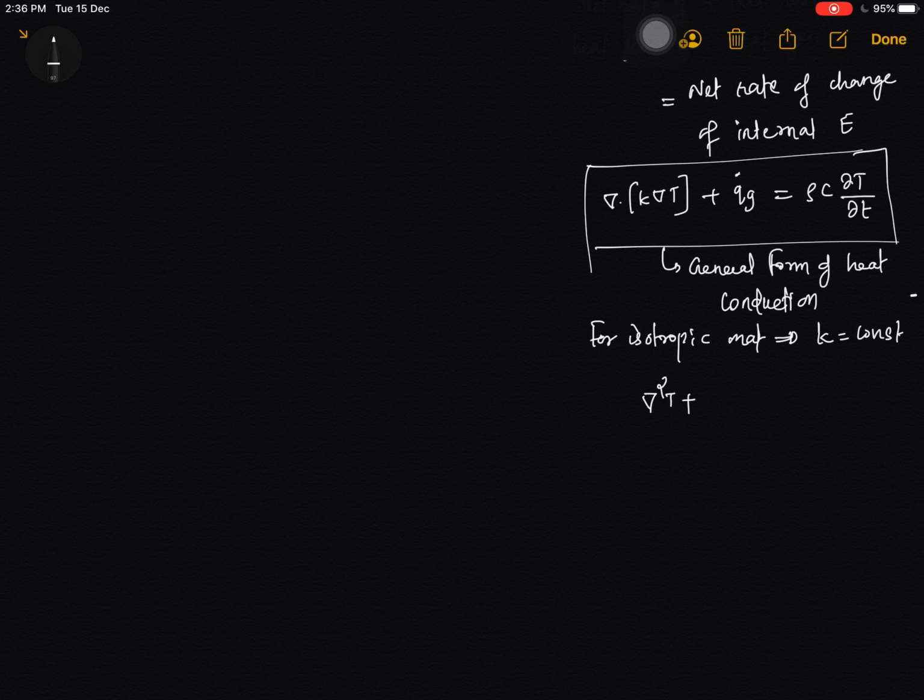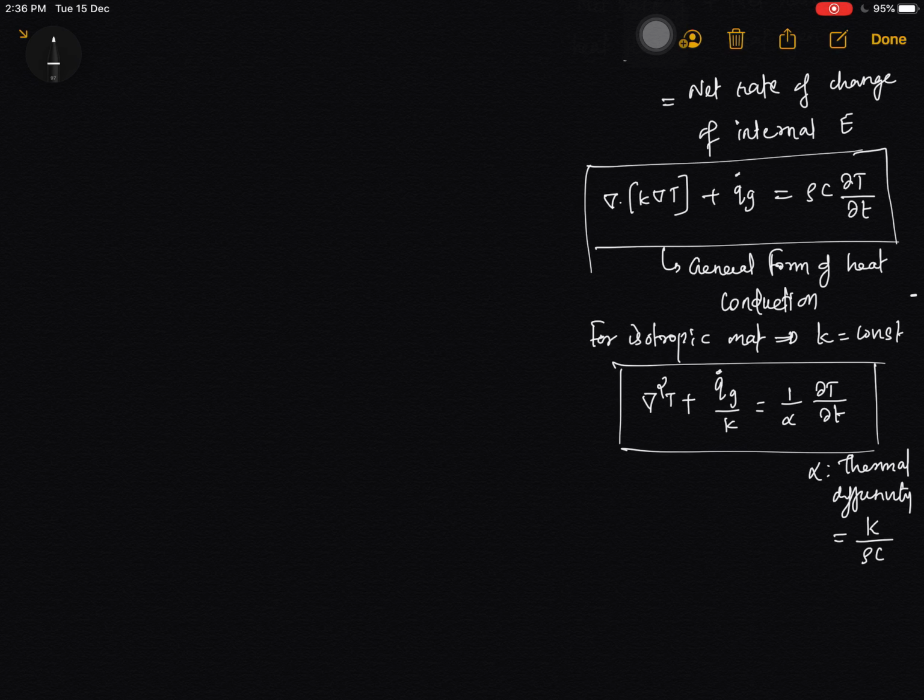So we can write this general form of heat conduction equation as del square T plus Q dot G by K will be equal to 1 by alpha dT by dt, where alpha is the thermal diffusivity, which is equal to K by rho C.